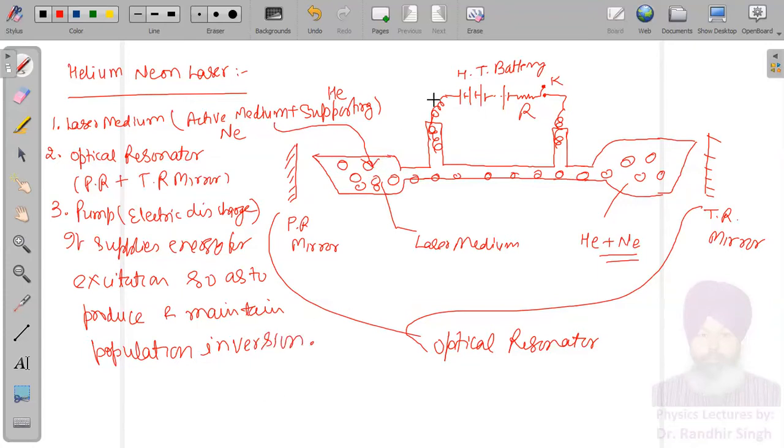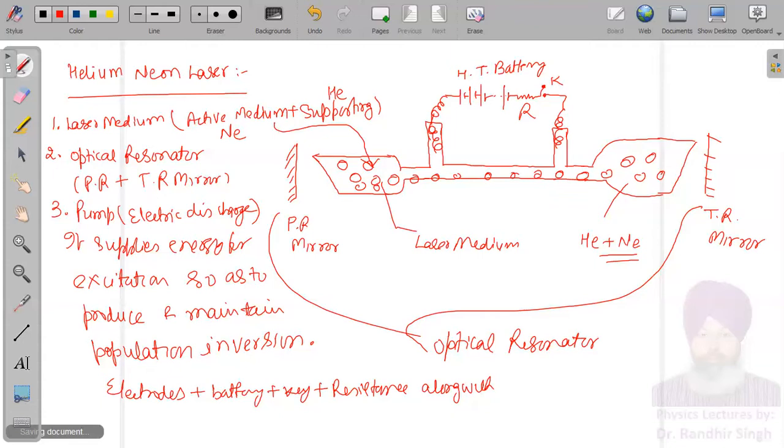These electrodes, plus this battery, plus key, plus resistance, along with the discharge tube, which is made from glass, make up the pump.